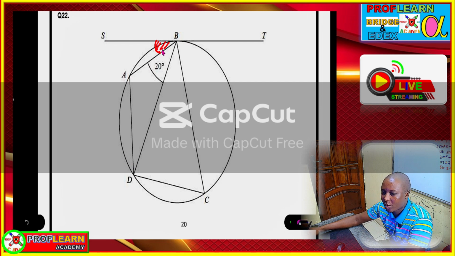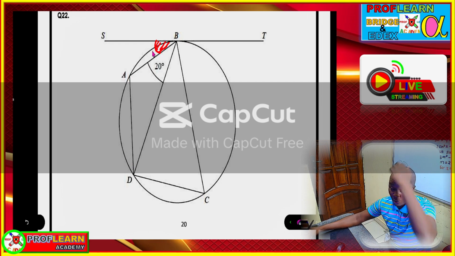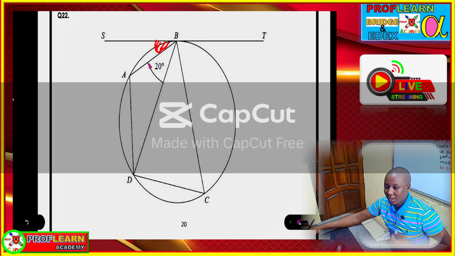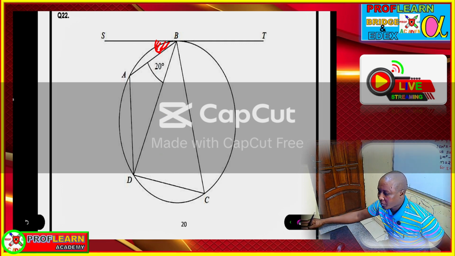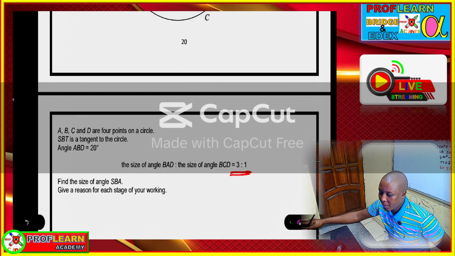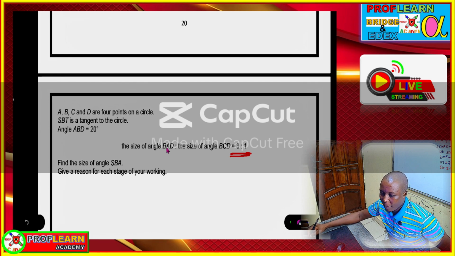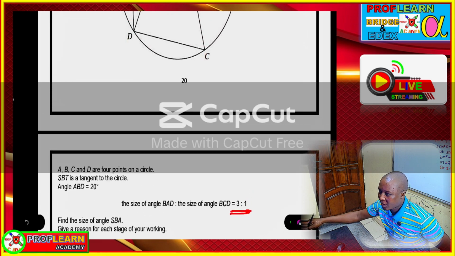And remember, we're going to use different properties, and we shall be stating reasons for that. So there's something we are being told. Size of angle BAD. Where's BAD?